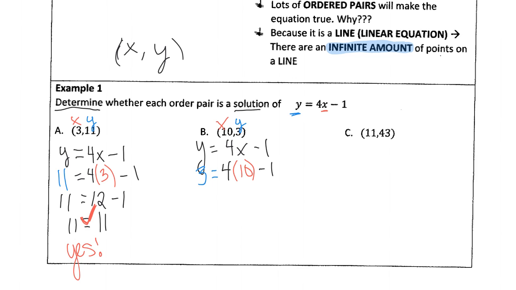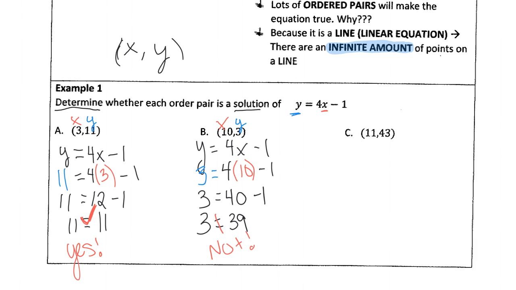And then I evaluate. 4 times 10 is 40. Is 40 minus 1 equal to 3? No, because 3 is not equal to 39. So I draw a line through. They're not equal. And since they're not equal, it's not a solution.